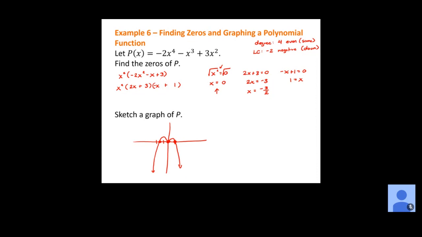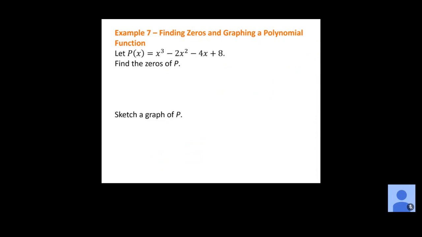And again, that's just a rough sketch. I still don't know exactly how high those middle points go or anything. But to be able to connect the end behaviors and to actually have x-intercepts at all of those locations, the only way this works is that because that x squared tells us that x happens twice, we actually have to bounce off of that point instead of actually passing through that point.